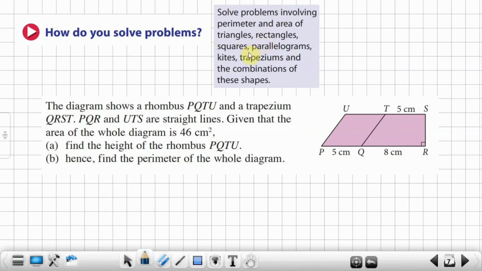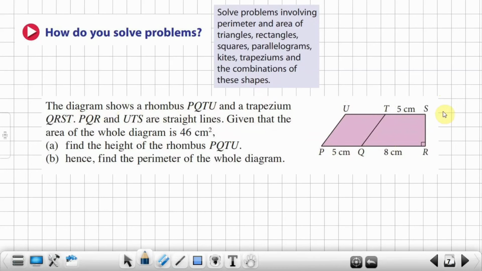Next question, we have another problem, but now the problem involves the perimeter and area of triangle, rectangle, square, parallelogram, kites, trapezium, and combinations of these shapes. So how are you going to solve this? The diagram shows a rhombus PQTU and trapezium QRST.